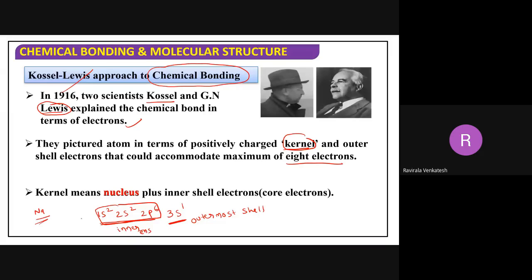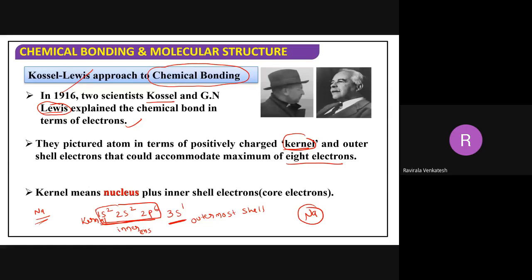Why do we call it the kernel? Because when you perform chemical reactions on sodium, these inner electrons, the kernel 1s2, 2s2, 2p6, will not participate in any chemical combination. Why?